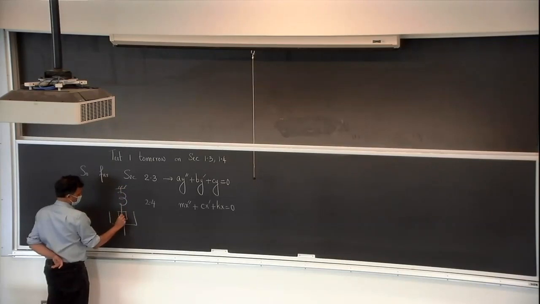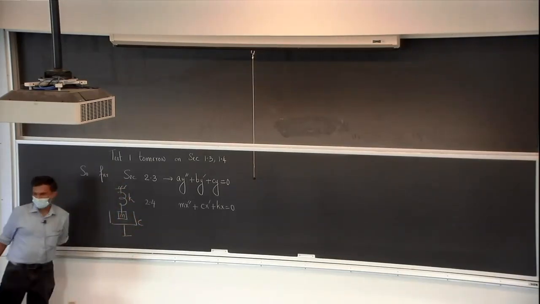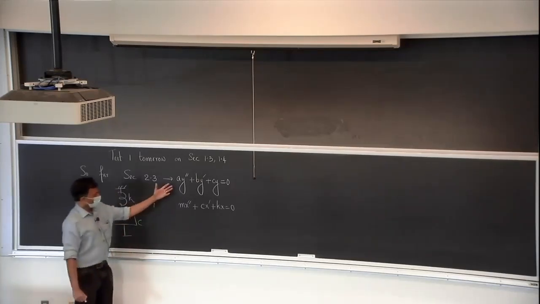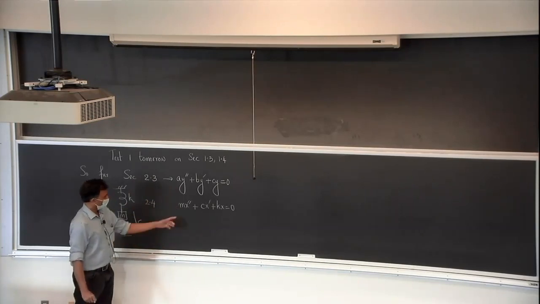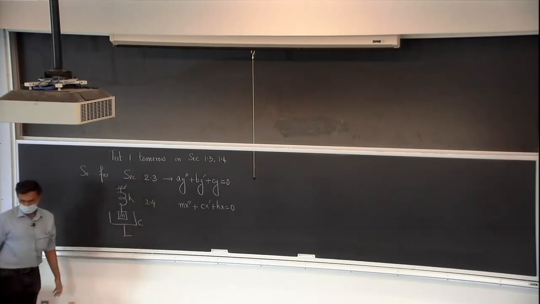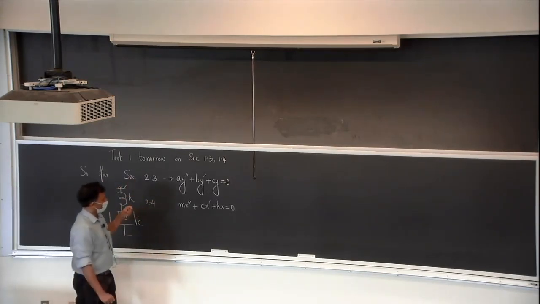M is a mass, k is the spring constant, and c is the damping coefficient. So these 2 things are pretty much yielding the same mathematical results. Depending on the values of m, c, and k, there were 3 different cases, either over damped, under damped, or critically damped. That's what we were doing on Monday and Tuesday respectively.